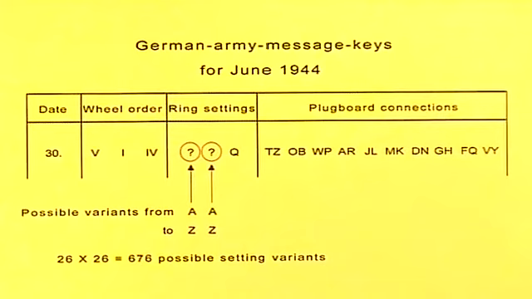What is still missing are the ring settings of the middle rotor and the left rotor. The middle rotor can take up 26 positions for the ring setting, and 26 positions can also be taken up for the ring setting of the left rotor.